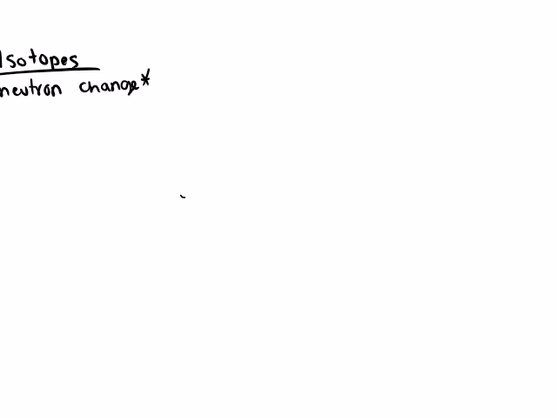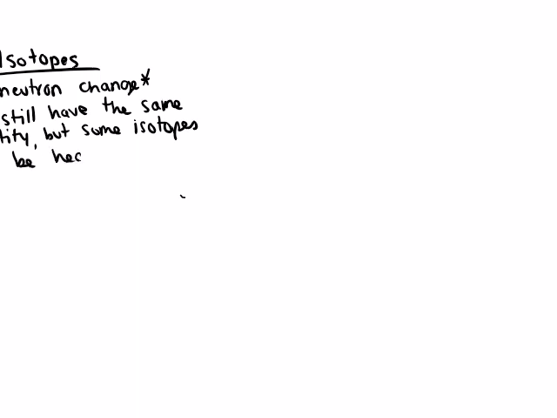Now, you still have the same identity, but some isotopes will be heavy or light, depending on the number of neutrons.